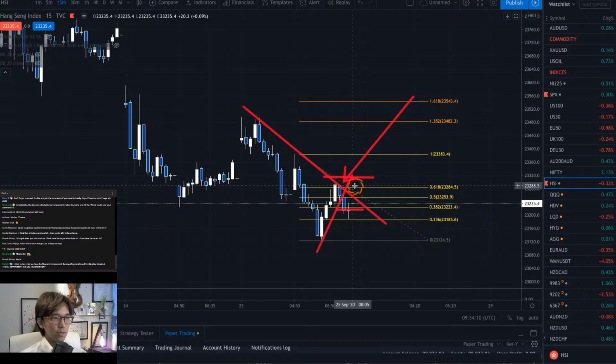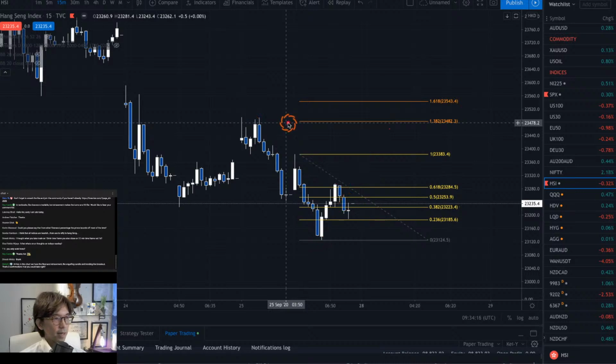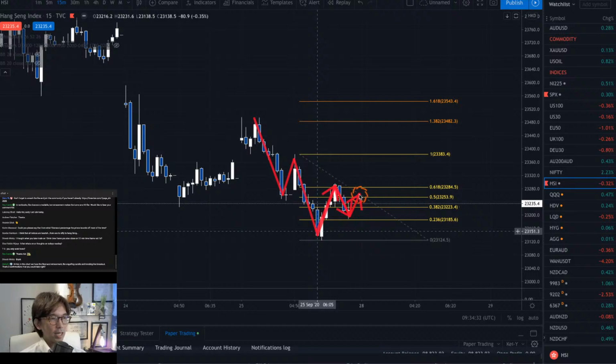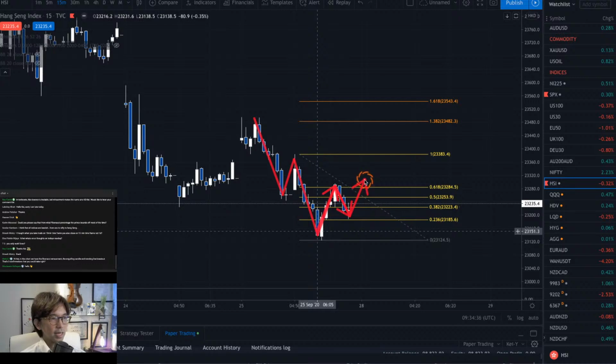So right now, I see that this is a reverse N wave. I expect the price to continue to go down this way because these are consecutive bearish N waves. But as soon as I start to see a bullish N wave like this, and especially if the price breaks the recent high on this level, I have to exit.